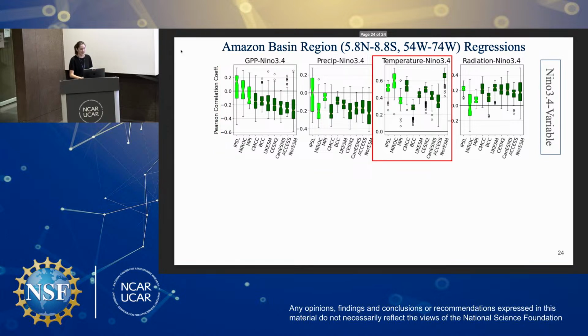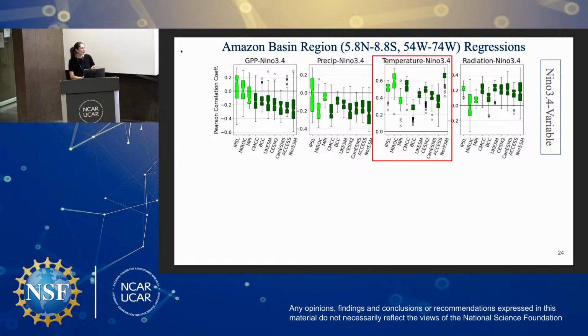Compare that to temperature, which is a bit all over the place. All of the models are showing similar-ish increases in temperature, but it's not as clear of a pattern. And similarly, in the radiation Nino 3-4 box, all of the models show about a 0.2 correlation of radiation to the Nino 3-4 units.